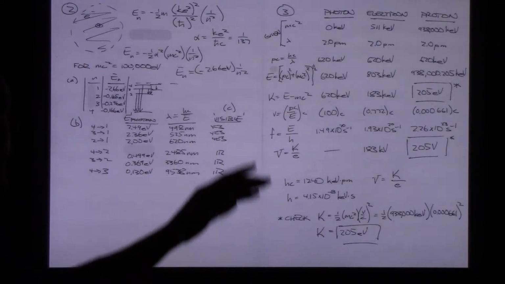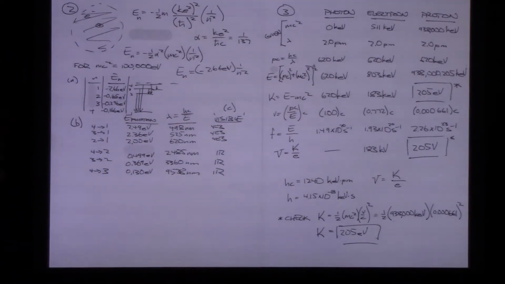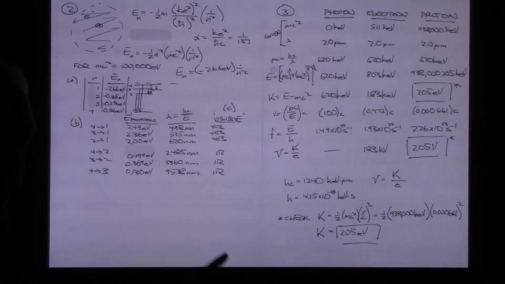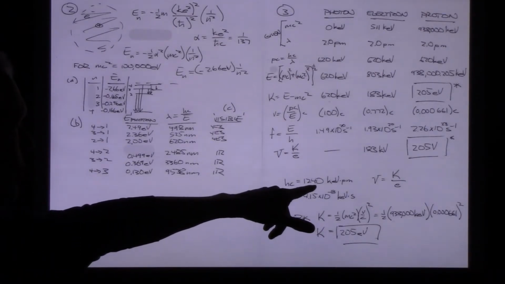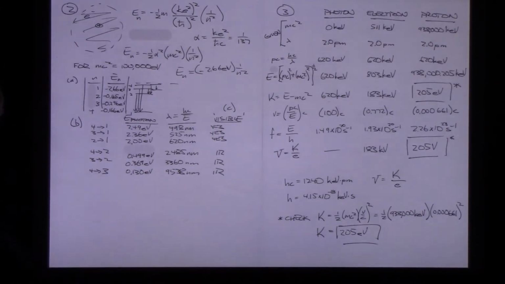All right, so again, practice those general formulas so that you know how to use them. Practice the shortcuts so you can use the 1240 numbers. Make sure that you've got values of Planck's constant written down in your formula sheet, not just in joules, but also in eV or keV or MeV.